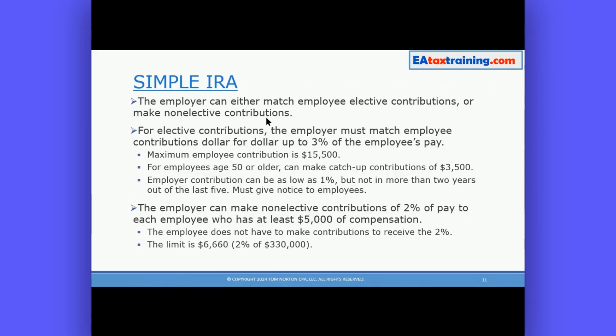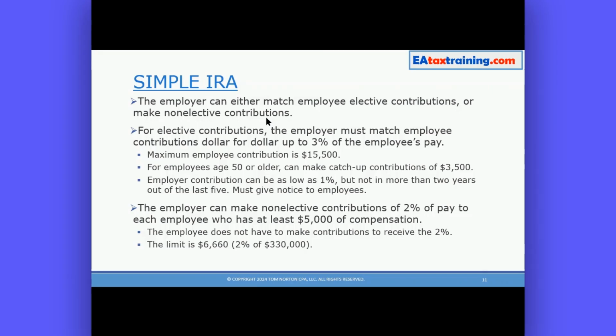And the maximum employee contribution is $15,500 per year, unless the employee is age 50 or older, in which case they can make catch-up contributions of $3,500. So if you're 50 or older, you can contribute up to $19,000 for the year.